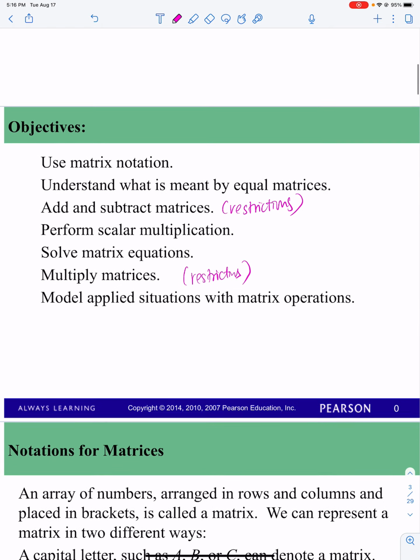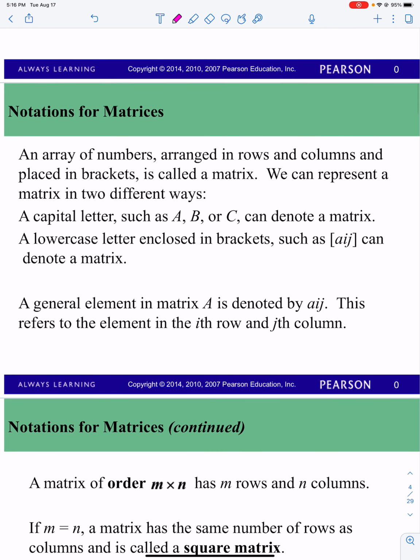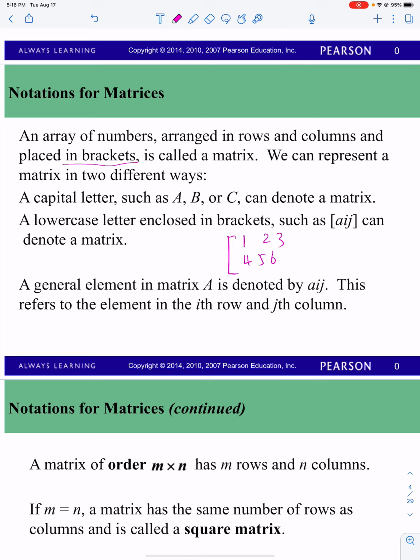Okay, so what is a matrix? An array of numbers arranged in rows and columns and placed in brackets is called a matrix. A lowercase letter included in the bracket, such as aij, can denote a matrix.